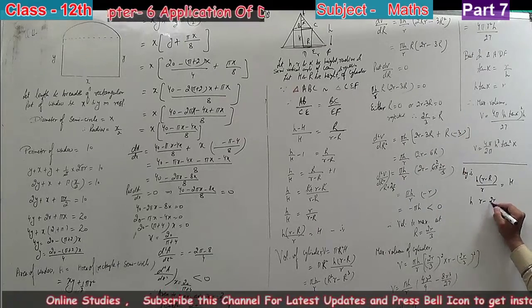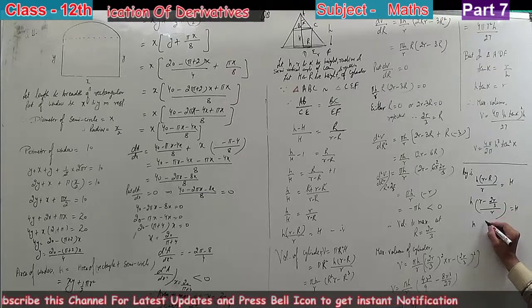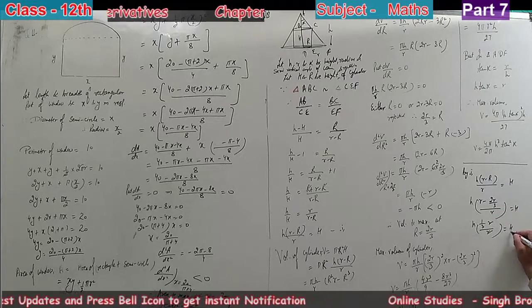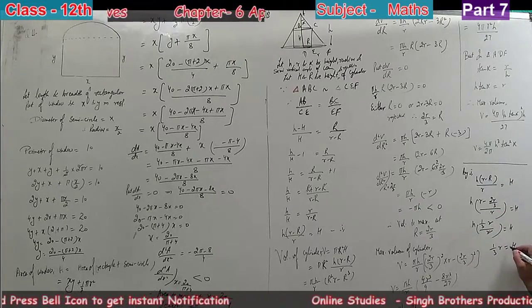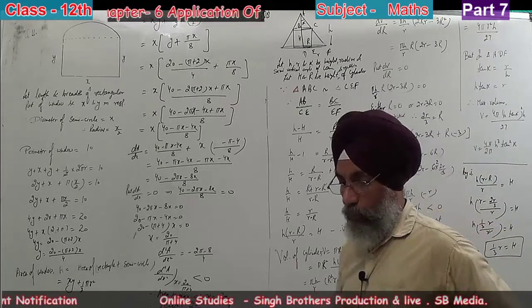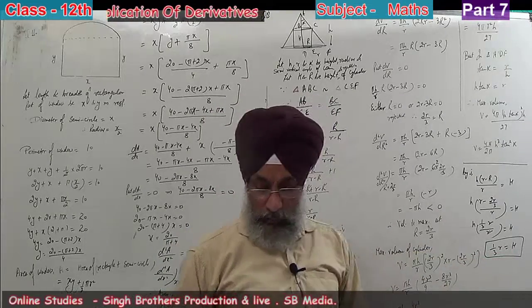So h (r minus 2r upon 3) upon r, it is h into 1 upon 3r upon r. So 1 upon 3 of h. We have shown that the height of the cylinder is 1/3 of the height of the cone. We also had to prove that the height of the cylinder is 1/3 of the height of the cone.